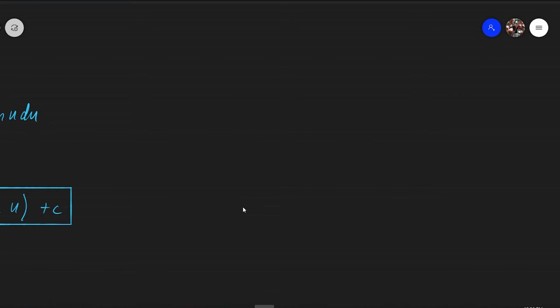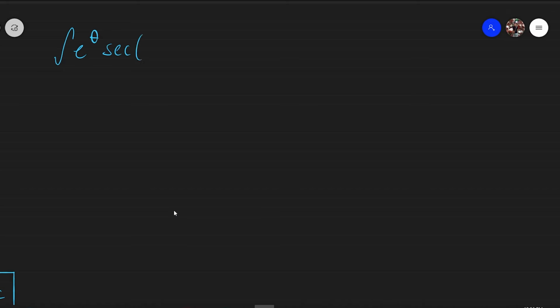Let's come to some of my examples. I have 3 examples to be discussed today. Let's start with the integral of e raised to theta, secant of 1 minus e raised to theta, tangent of 1 minus e raised to theta d theta. Obviously, you can apply the formula for the integral of secant tangent here.